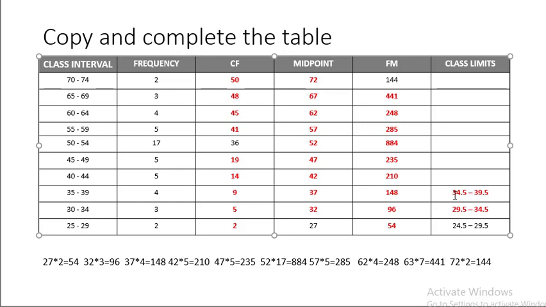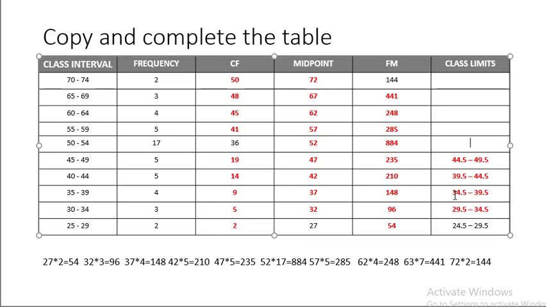40 minus 0.5 is equal to 39.5. Then 44 plus 0.5 gives us 44.5. Then you move up again. Now 45 minus 0.5 is equal to 44.5. Then 49 plus 0.5 is equal to 49.5. Move up again.